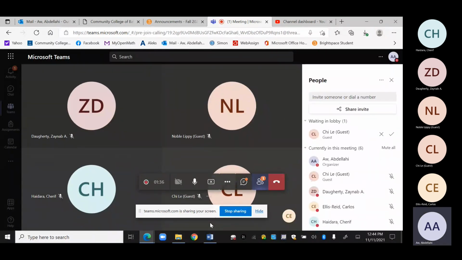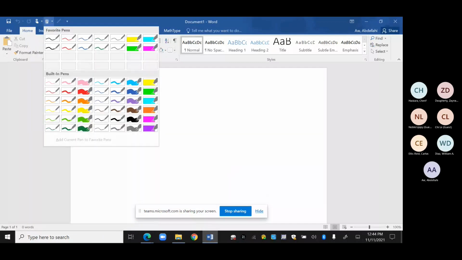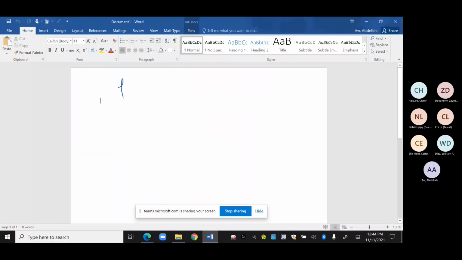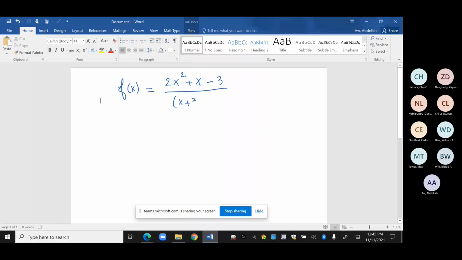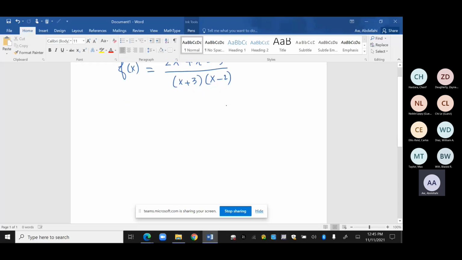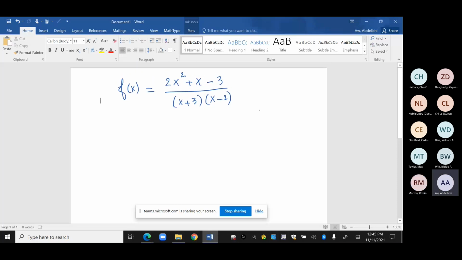All right, so right here, when we say f of x, or let me write this way, over x squared.